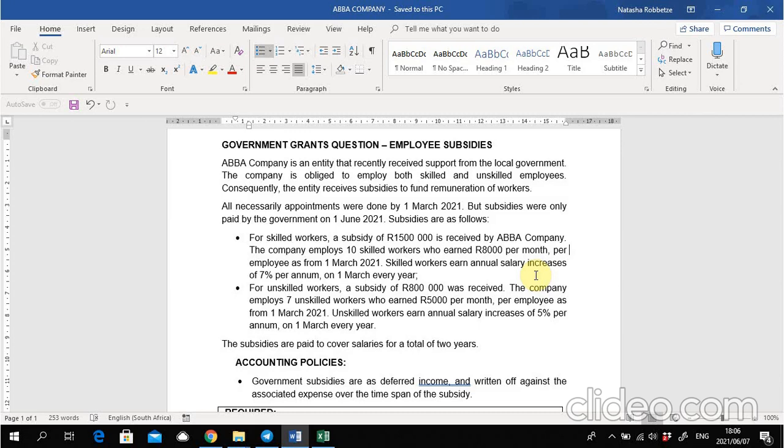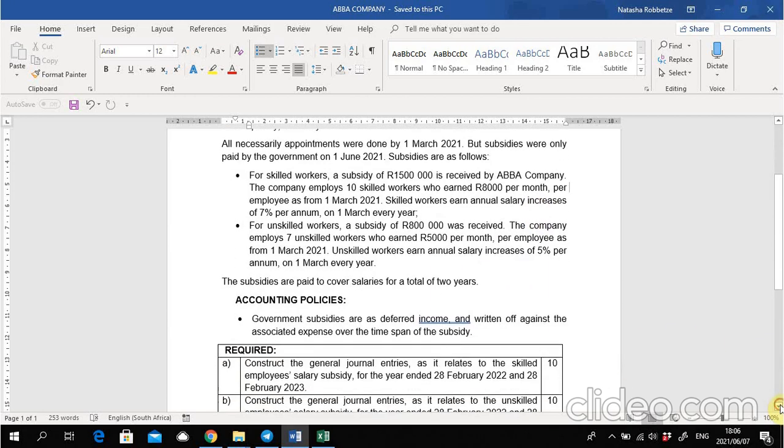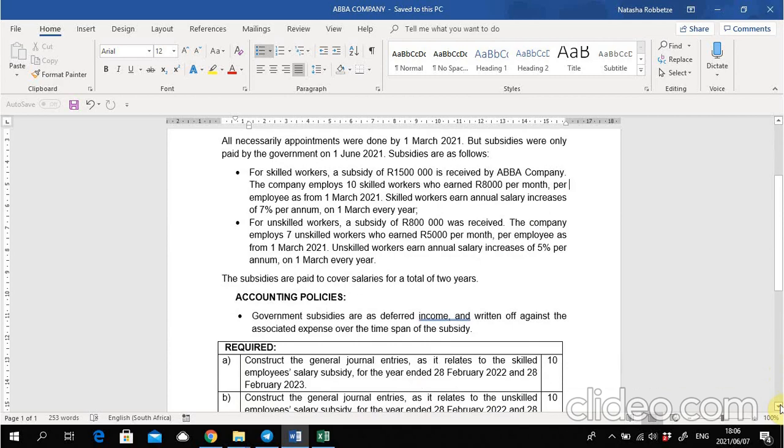Then, for unskilled workers, a subsidy of 800,000 Rand was received. The company employs 7 unskilled workers who earn 5,000 Rand per month per employee as from 1 March 2021. Unskilled workers earn annual salary increases of 5% per annum on 1 March every year. The subsidies are paid to cover salaries for a total of 2 years.